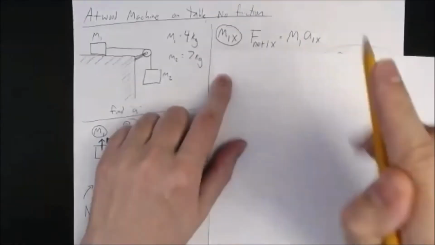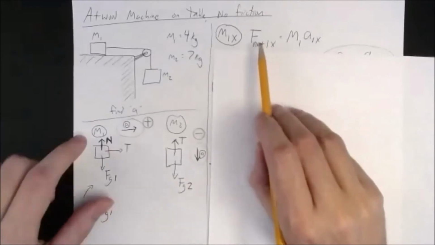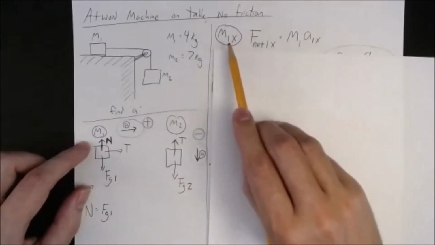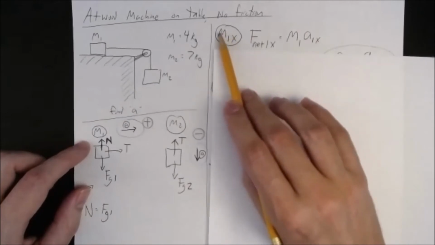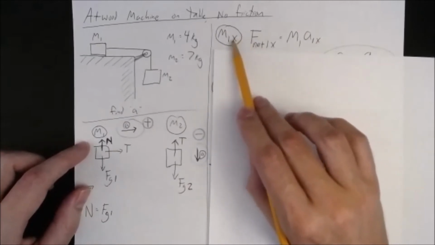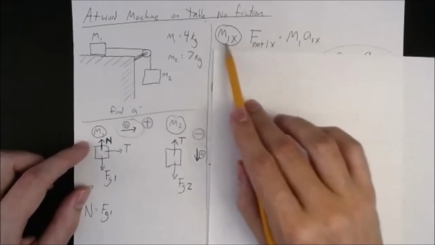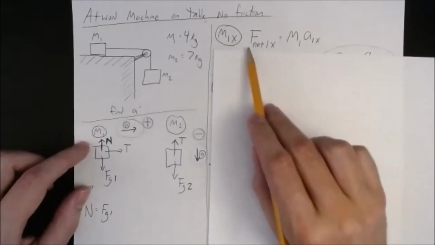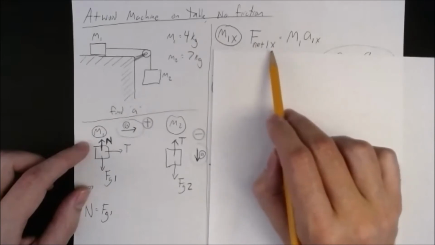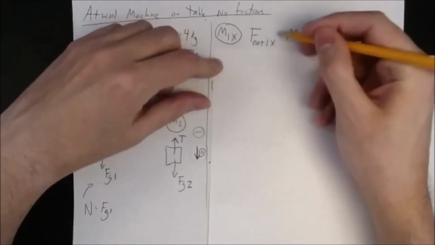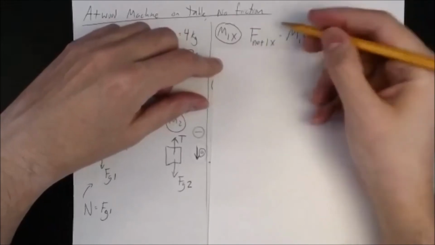Let's start by looking at M1x. This is the F equals ma equation for block M1 in the x direction. F net 1x. You see how quickly these subscripts just go wild.